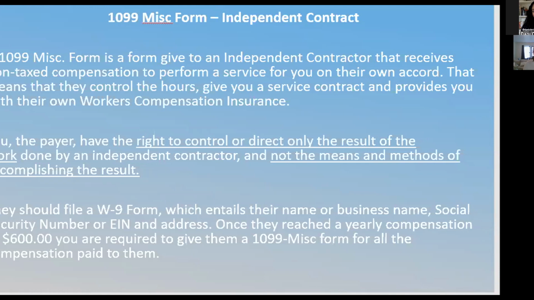So if you are driving a car with no insurance and you crash, you're going to have to be liable to pay the person money, right? Because if not, you don't have insurance. This is the same concept. If a person is coming into your business to do a service for you as an independent contractor, they should be giving you their workers' comp insurance, basically a certificate holder, so that if anything happens, they have their own insurance, they're covered, and it's not coming out of you, right?